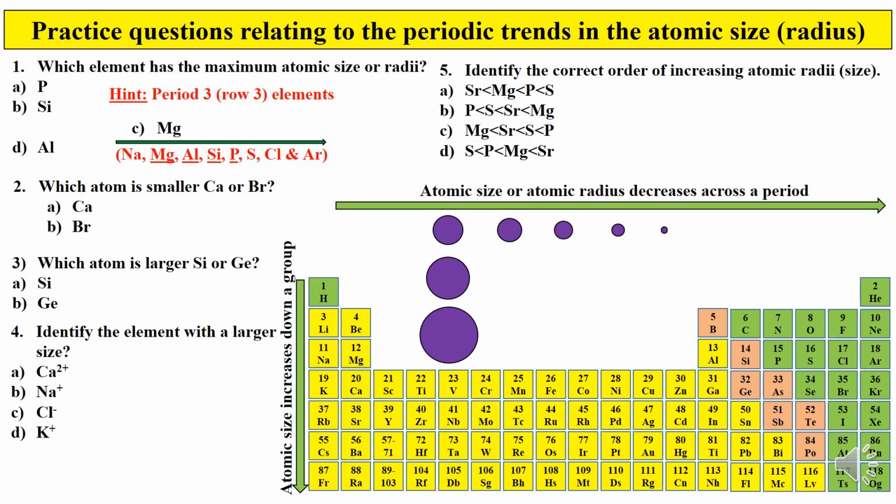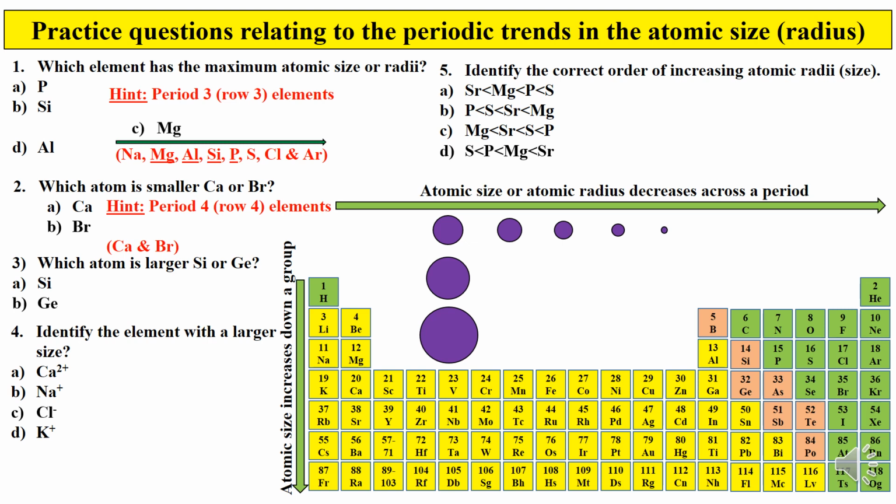Second question, which atom is smaller, calcium or bromine? So both the atoms are period 4. Both are period 4 elements. So position is identified.